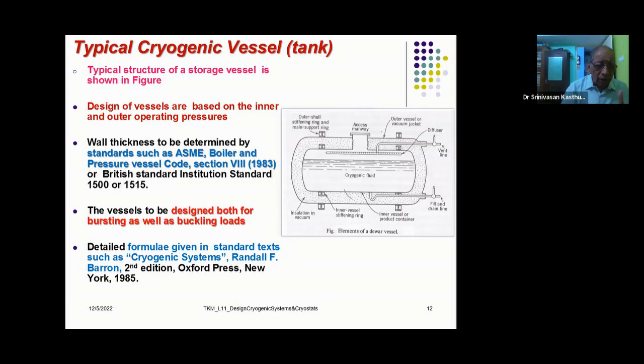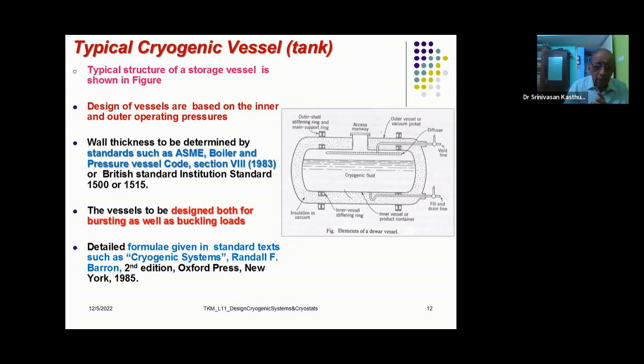And this is unfired pressure vessels. You can also choose British Standard Institution standards. So it is 1,500 or 1,515. Now, what you do is you design the vessels for both bursting and buckling loads.